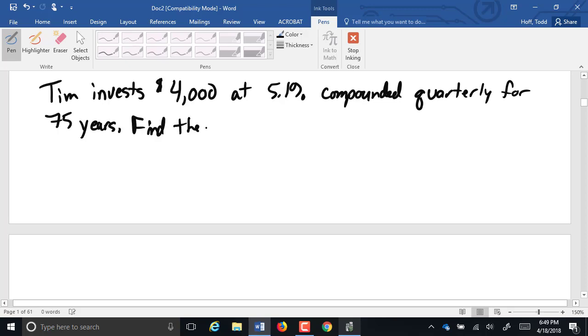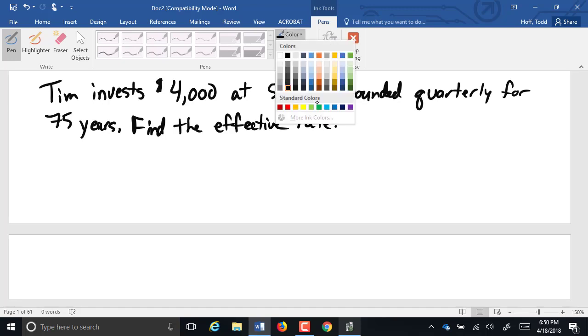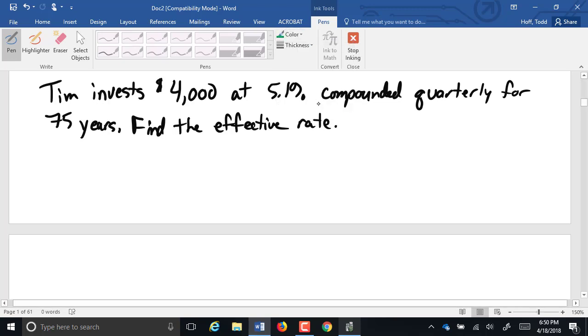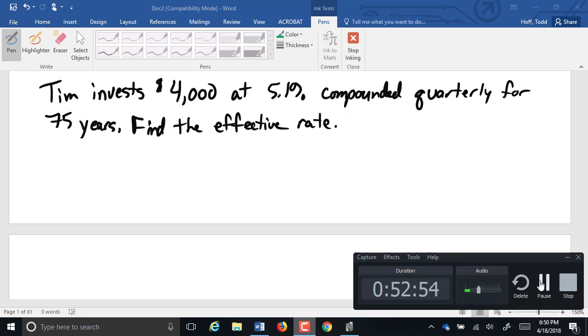Find the effective rate. Does the 75 years even matter here? No, because it's greater than a year. We're going to use 1 year. Okay, I'll give you guys a couple minutes.